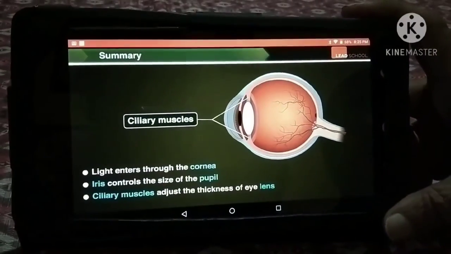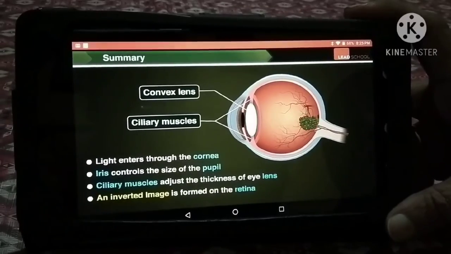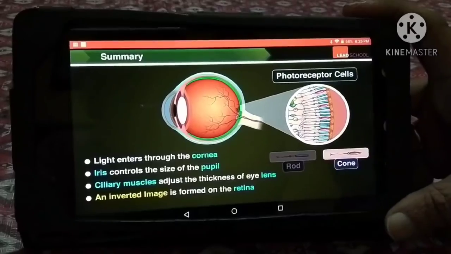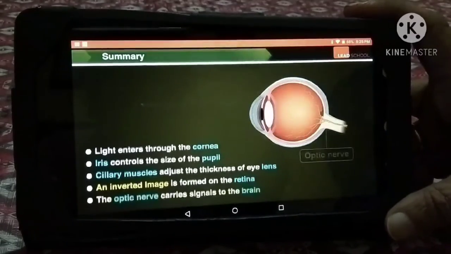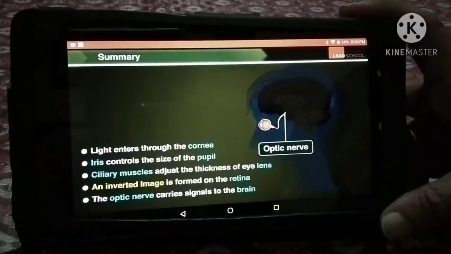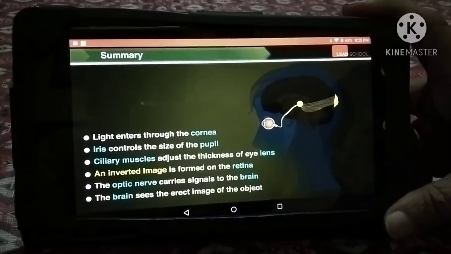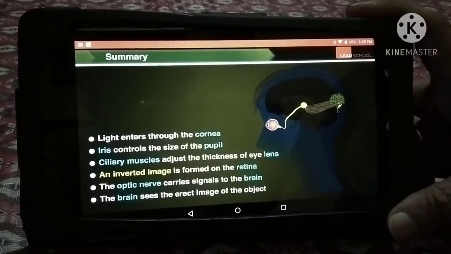The ciliary muscles adjust the thickness of the lens so that the image of the tree is formed on the retina. The cone cells on the retina perceive the green color of the tree. The optic nerve carries the information of the image to the brain. Here, the image is processed and an erect image is produced.